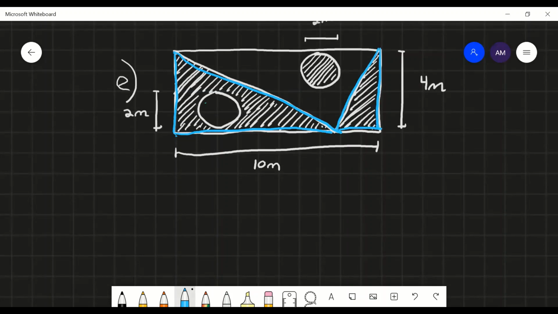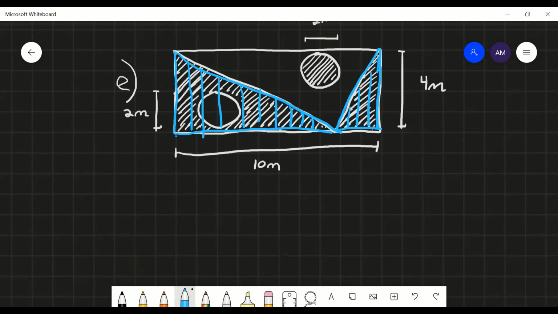Let's ignore this hole for a moment. Let's just say that this was fully colored in. What would the area of this triangle be? I guess I'll color it very lightly in blue. What would the area of this triangle plus this triangle be equal to?